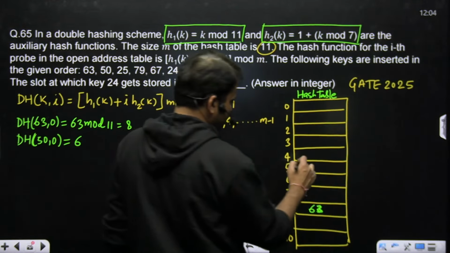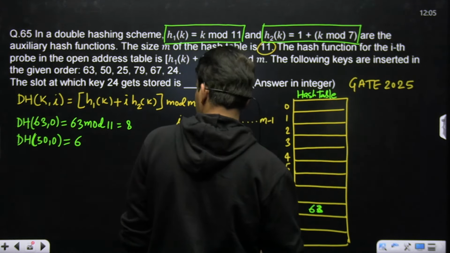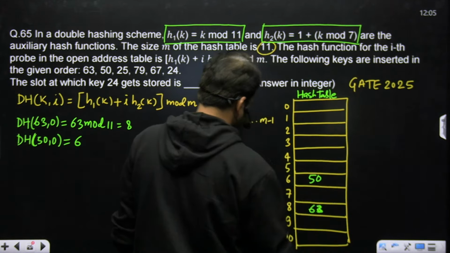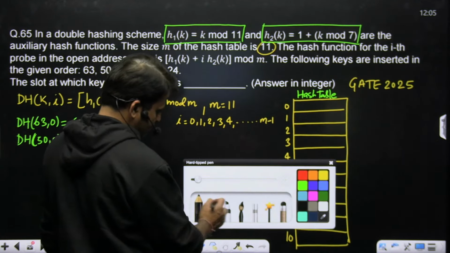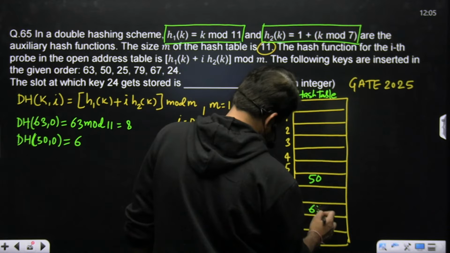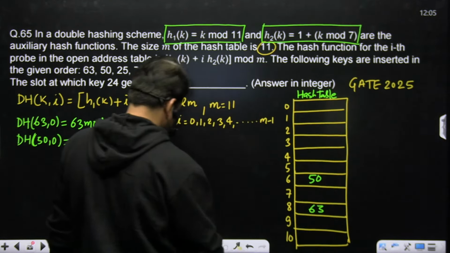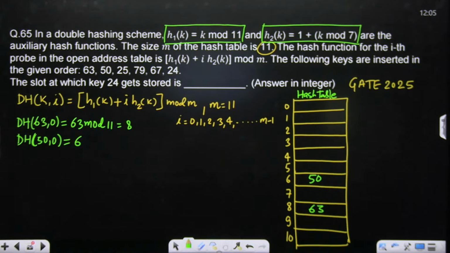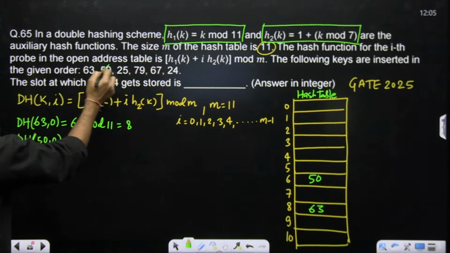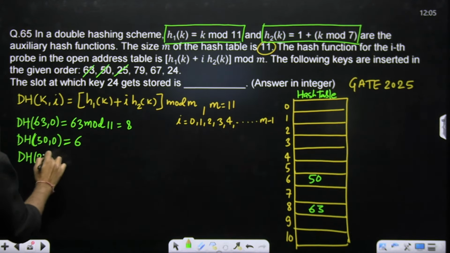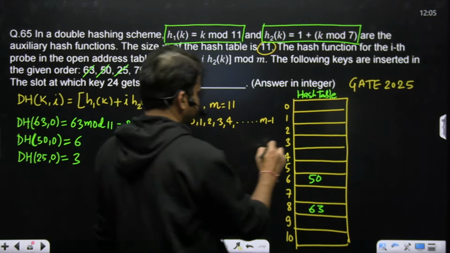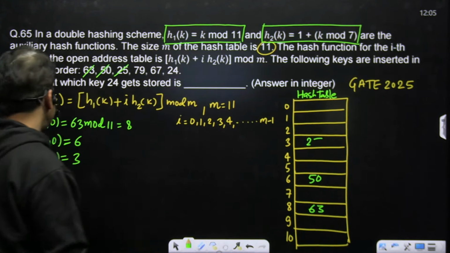So 50 come at this position बच्चे। फिफ्टी का कितना आ गया सर? 6 पर आएगा। नाउ फिर डबल हैशिंग, दिस इज डन। नाउ 25 comma 0, it gives at 11 2 जा 22, 3 remainder। 25 is stored at this position, right?